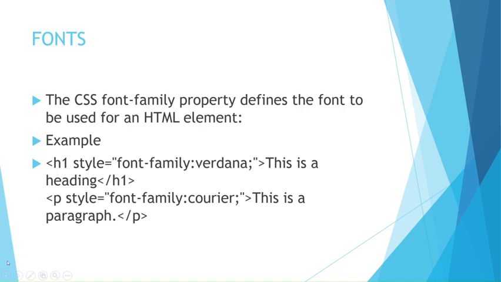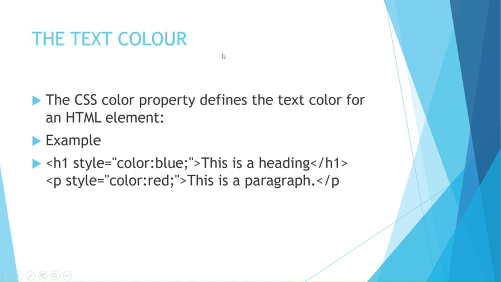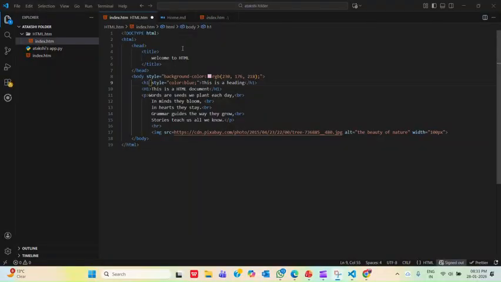Okay. So let us start to try it. So let us add this code, which is H1 style equals to color, like this. This is the code. So just let us save it and let us go to our Chrome.